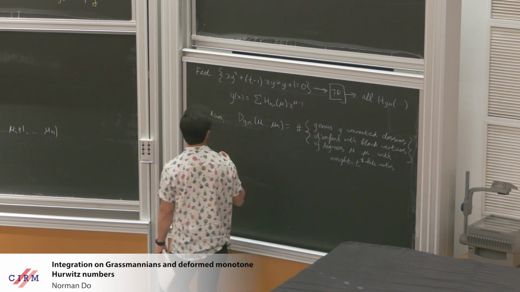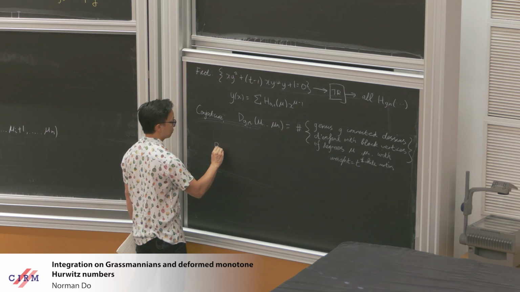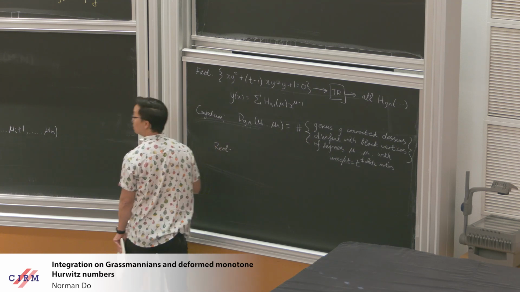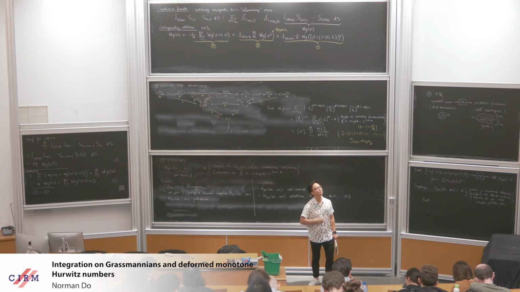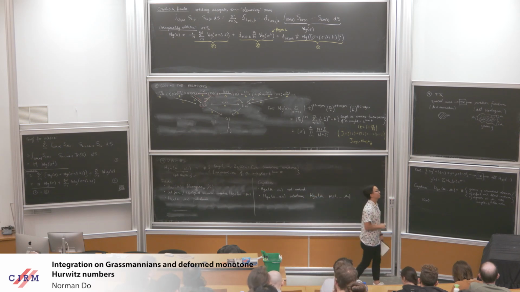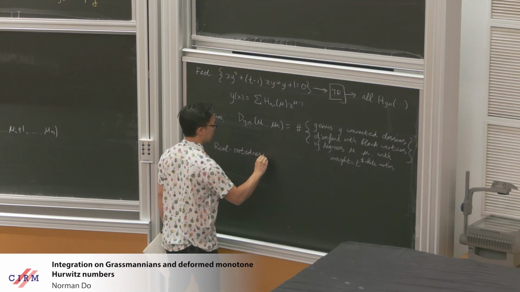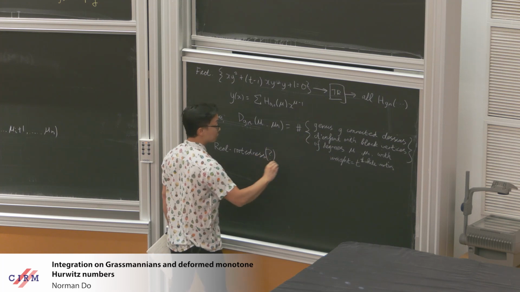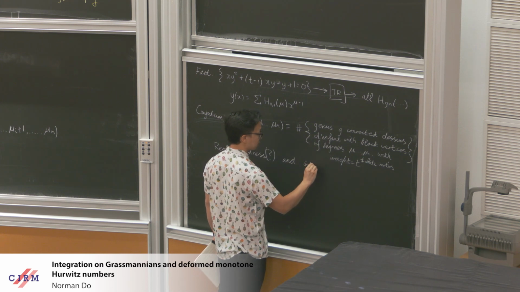And I guess the conjecture is that here the palindromicity of the polynomials we get is immediately obvious, am I saying this correctly, immediately obvious by exchanging black and white vertices. But the real rootedness has been observed in thousands of cases, but I can't explain it. And similarly, the interlacing.